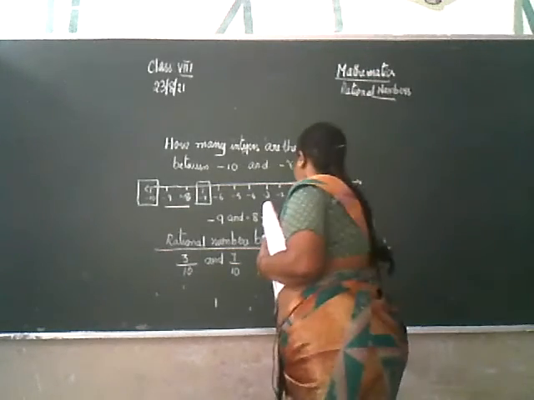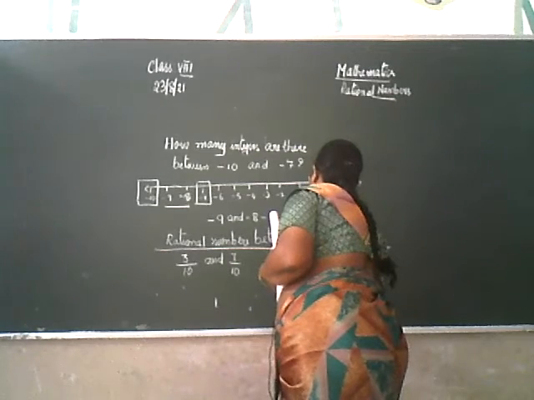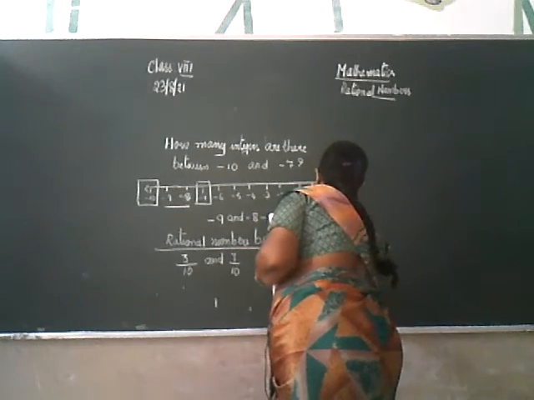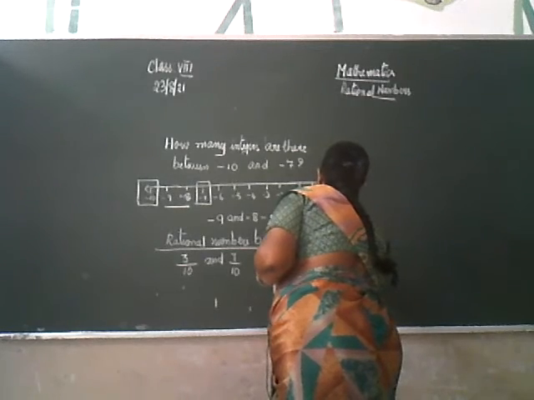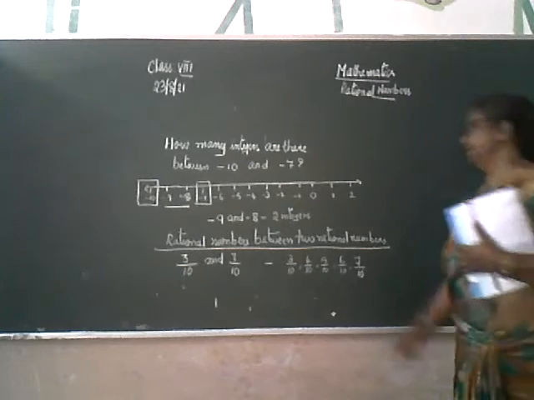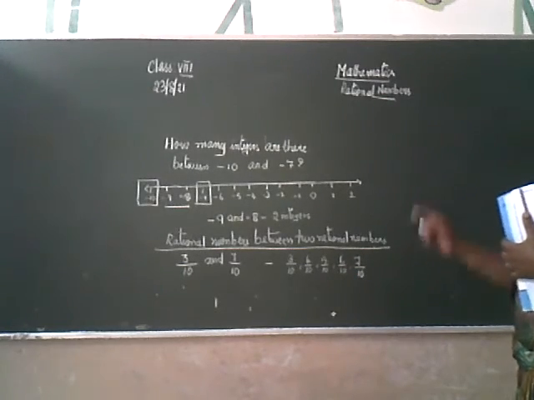You will write 3 by 10, 4 by 10, 5 by 10, 6 by 10, 7 by 10, because the denominators are the same.